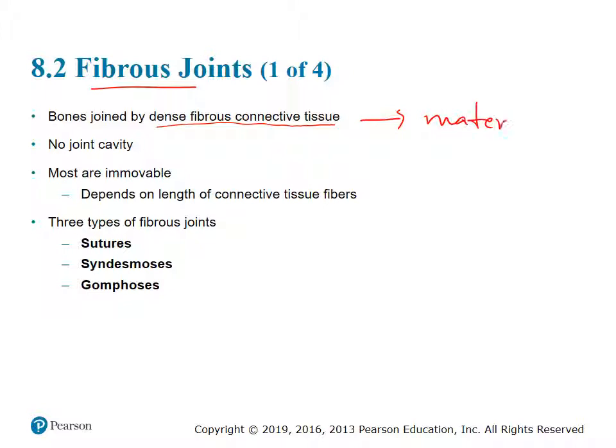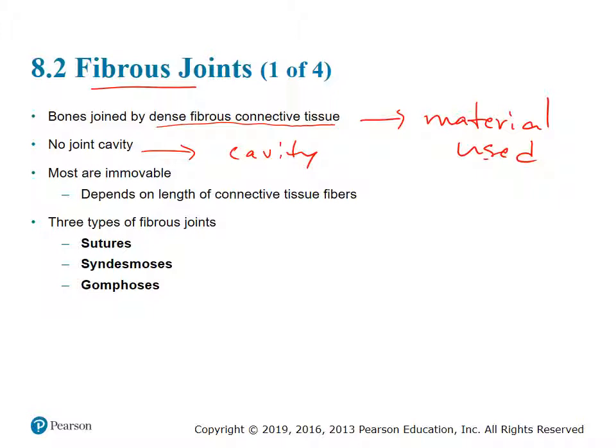And again, we just took a look at the definition of these classifications. Those are the two ways we classify joints based on structure: the material used, and whether there's a cavity or not.